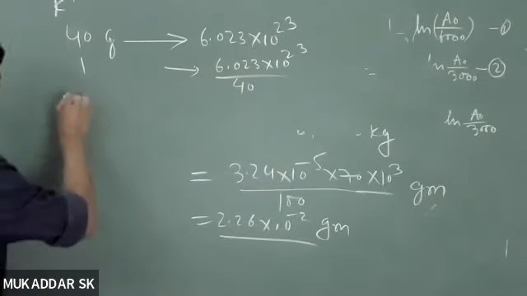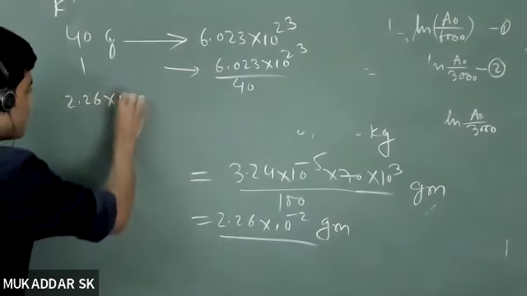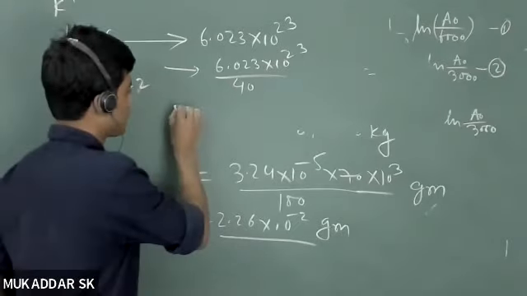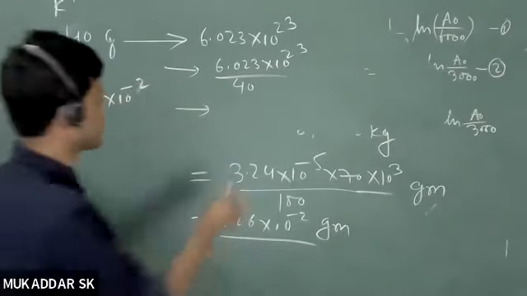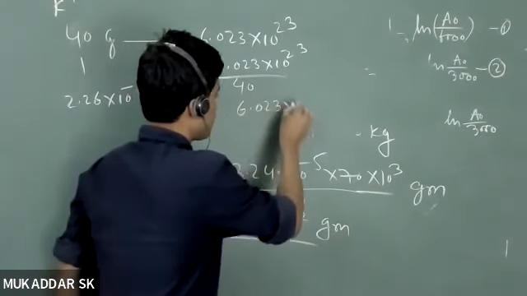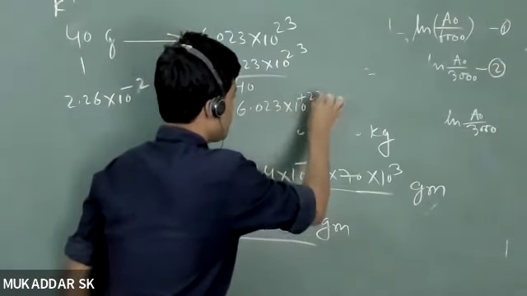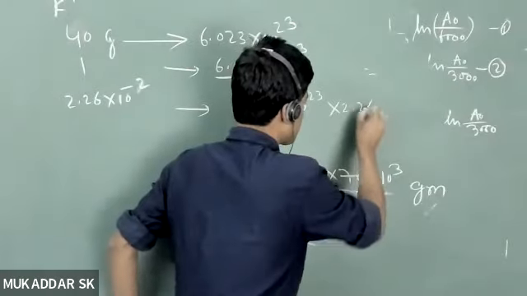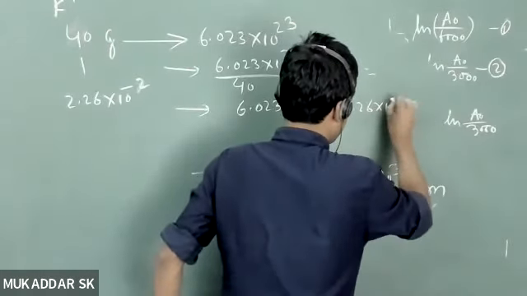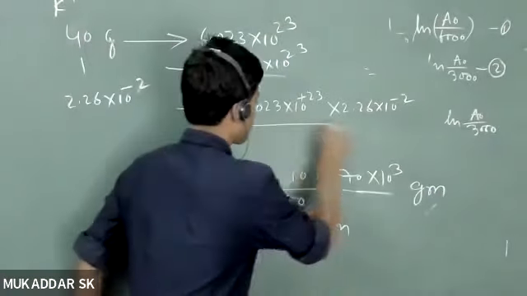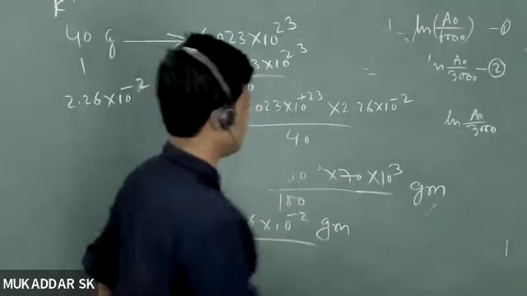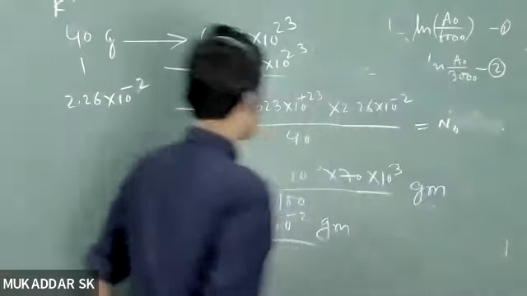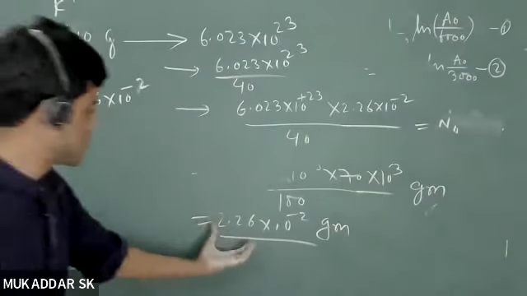Okay, so 2.26 into 10 to the power minus 2 gram will contain how many nuclei? That will be 6.023 into 10 to the power plus 23, times 2.26 into 10 to the power minus 2, divided by 40. That is actually N naught, the number of nuclei corresponding to this much gram.